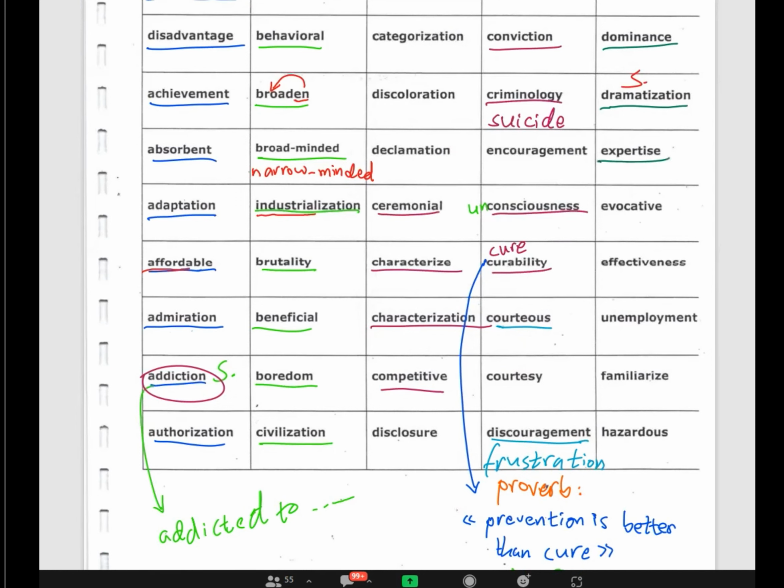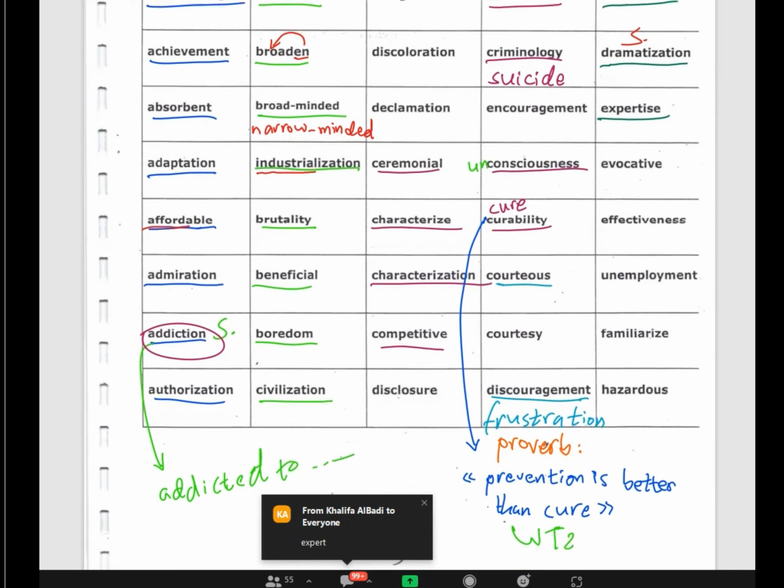Expertise. Okay, it's experience plus skills plus knowledge. Experience, skills, knowledge, all together. And we call the person who has all these an expert. So an expert has expertise, skills, knowledge, and experience all together.